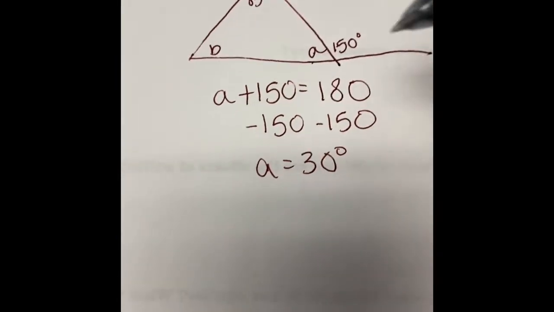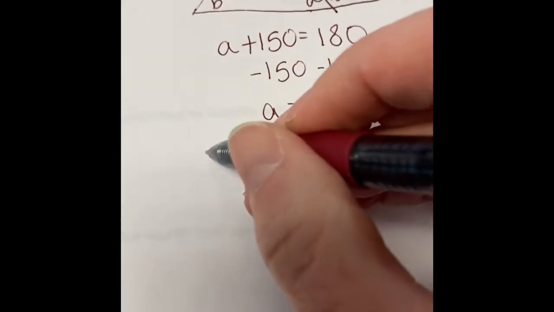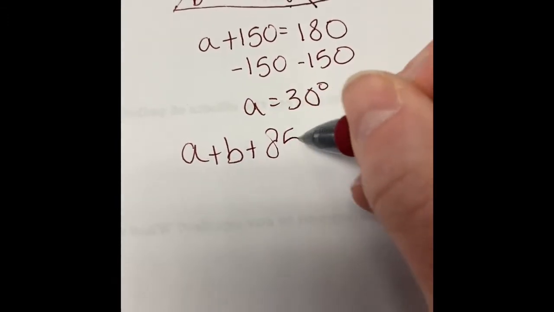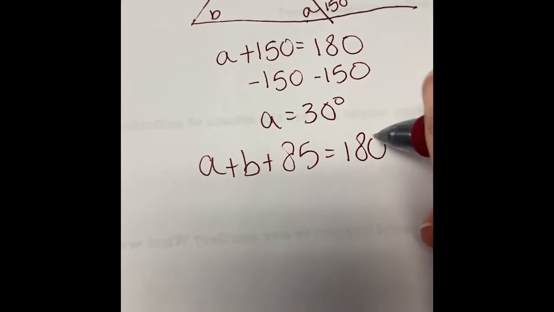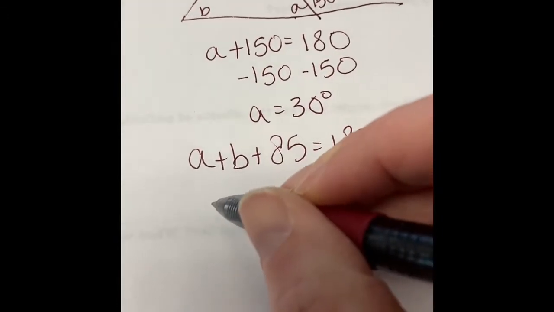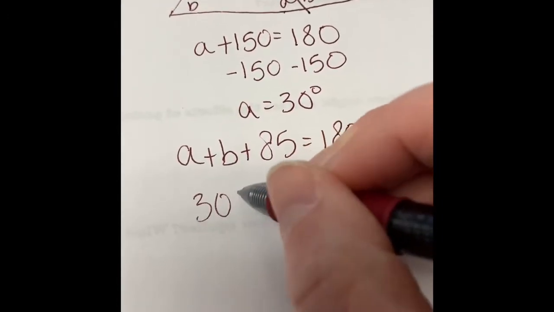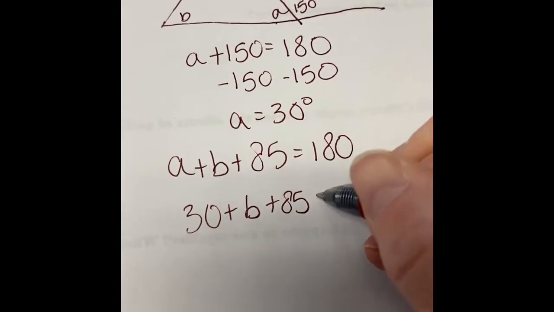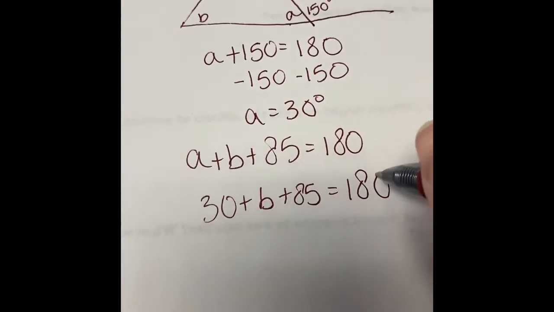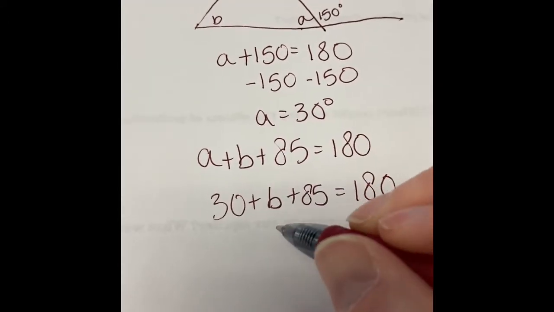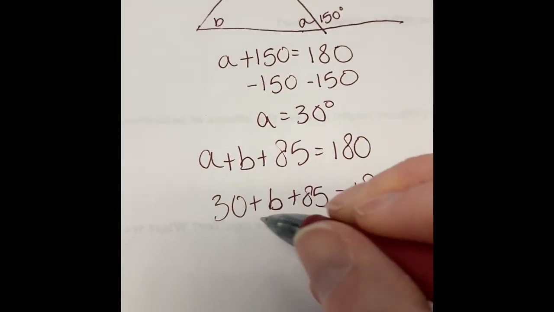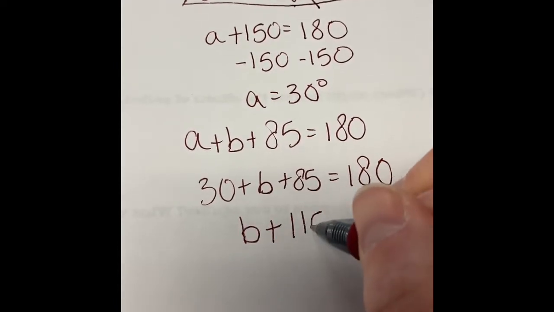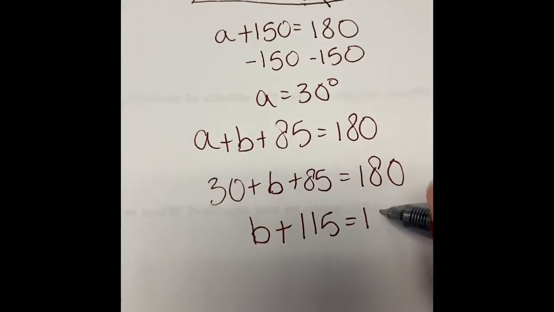Then I use that, and I turn around and say A plus B plus 85 equals 180. I have A equals 30, so 30 plus B plus 85 equals 180. So B plus 115 equals 180.